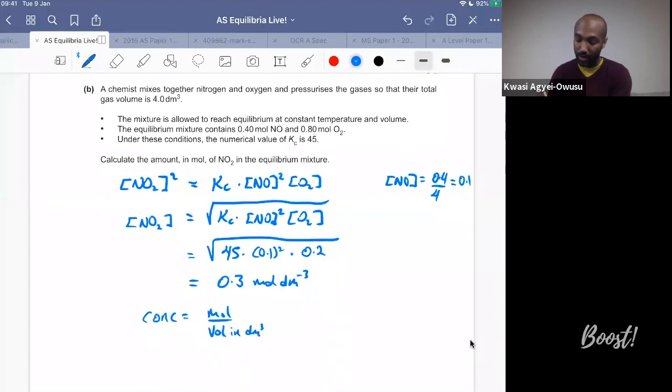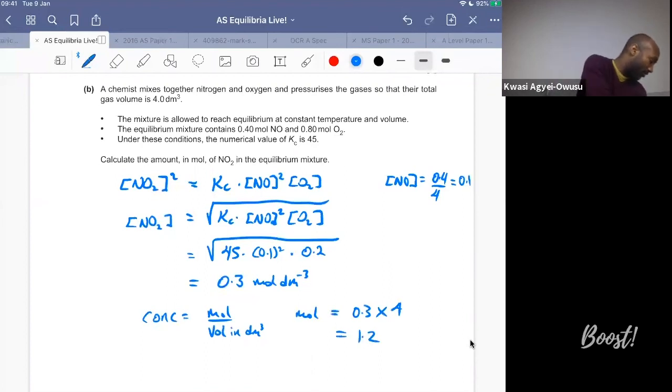So simply put, our moles is equal to concentration, which is 0.3, times the volume in dm cubed, which is 4, and that gives us 1.2, I believe. Should be, let's double check that. Yep, so that gives us 1.2 moles as our answer.